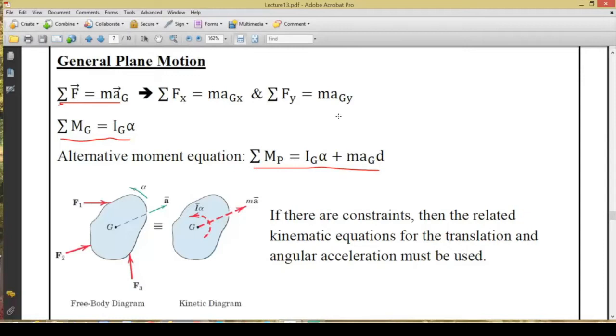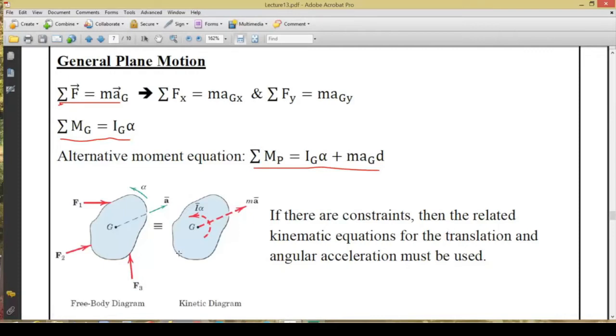As you remember, in the fixed axis rotation, we tend to use the nt coordinate system. In that case, we decompose this vector equation as summation of forces in the normal and tangential directions. The type of procedure is the same. We draw these free body diagrams to see all the forces acting on the rigid body.